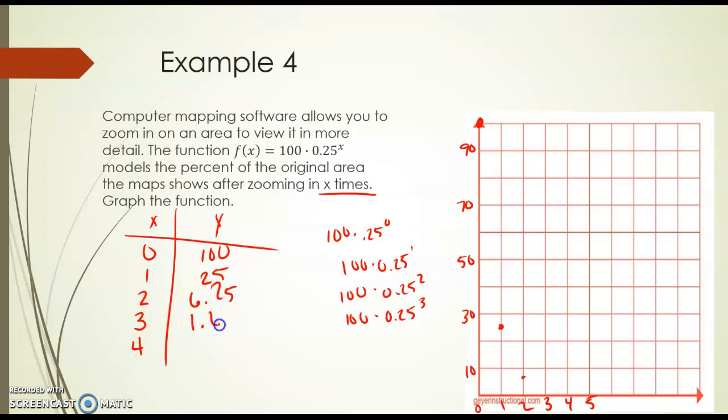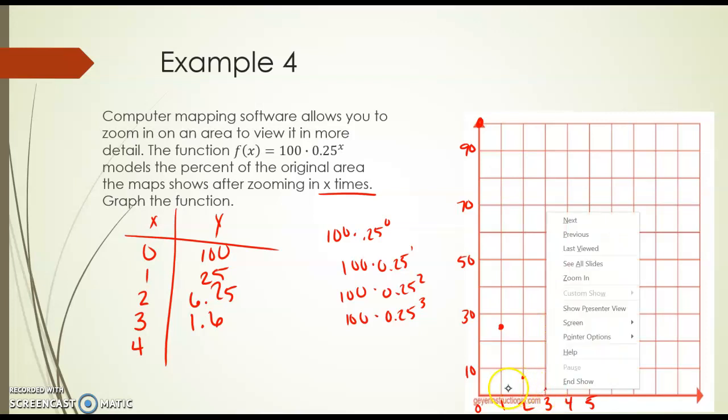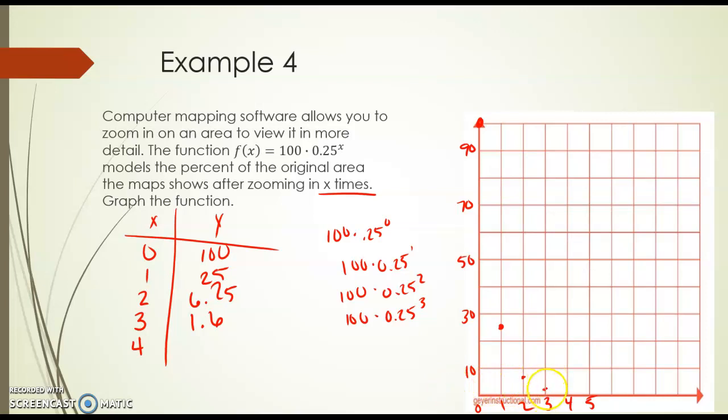This is about 1.6. So 3 is just some itty bitty living space right here. At this point, like I said, I really don't want to see if I can find 4. We get super close. And so here are our dots.